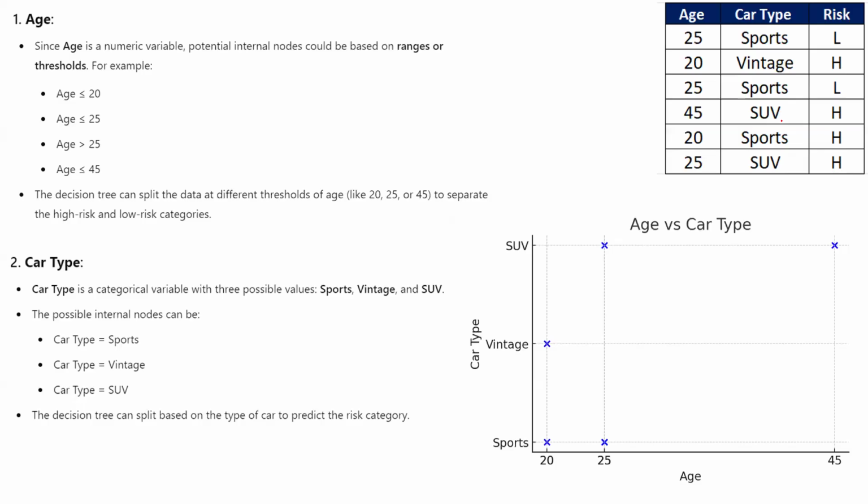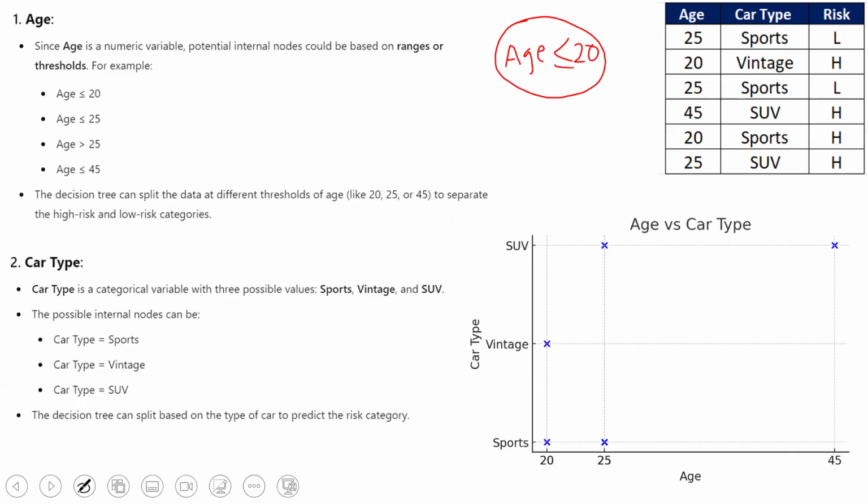Now I'll show you a simple decision tree here. I would construct a random decision tree. I will start with this root node: A is less than or equal to 20. Let's mark the customers 1, 2, 3, 4, 5, 6.